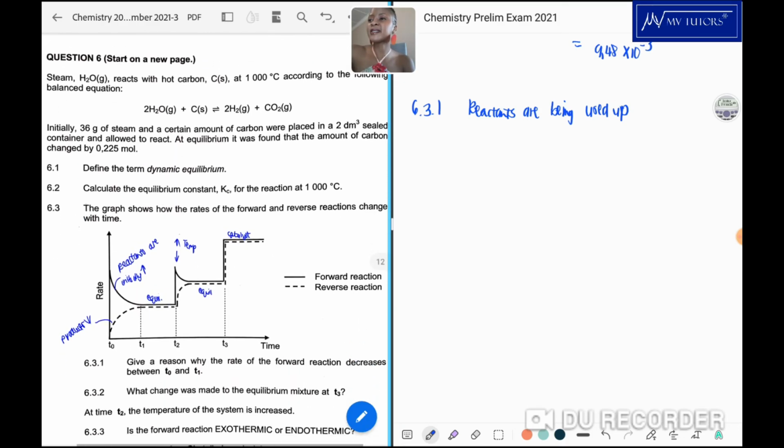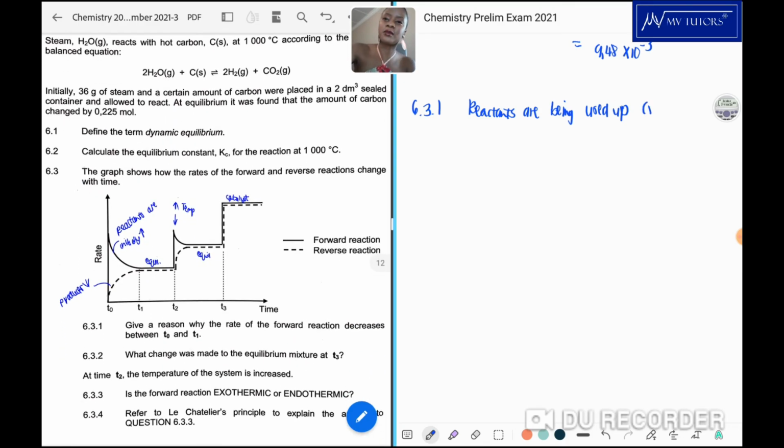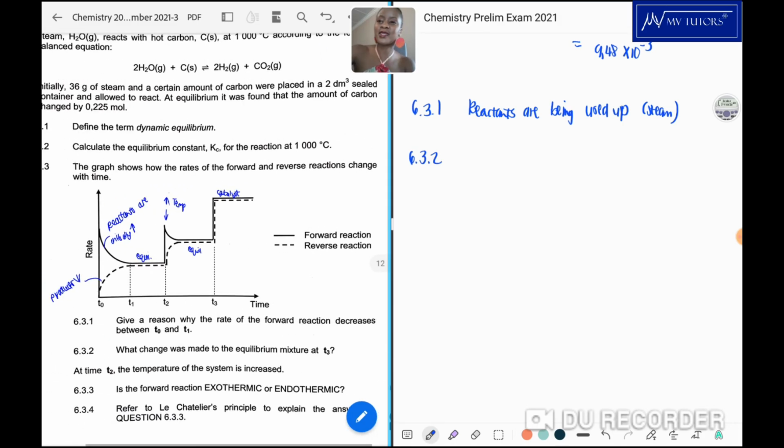Remember, we had steam there at the beginning, so it's being used up. And then what change was made to the equilibrium mixture at T3? Okay, so like we said, guys, we discussed it. A catalyst was added. It's 1 mark. So yeah, they added a catalyst.